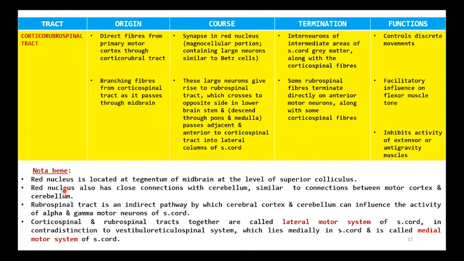So here comes the role of cerebellum as well. Not only does it have fibers connecting with the cerebrum, but there are connections with the cerebellum as well. So this pathway is responsible for the control of movements not only with the help of cerebral regulation, but also with the help of cerebellum.